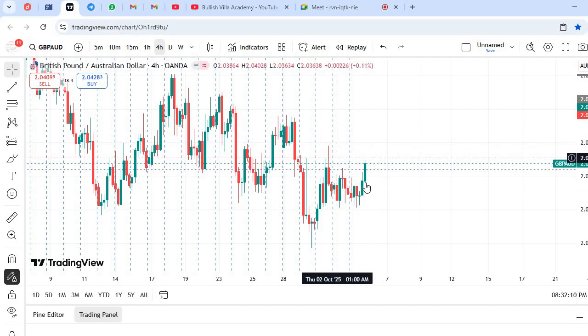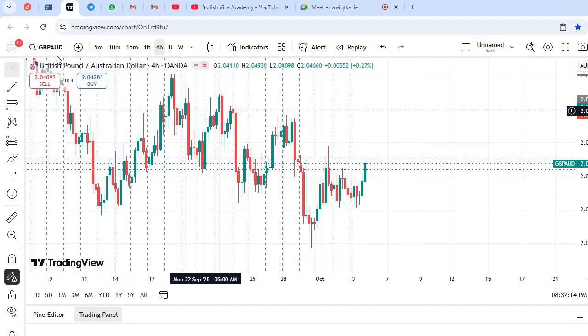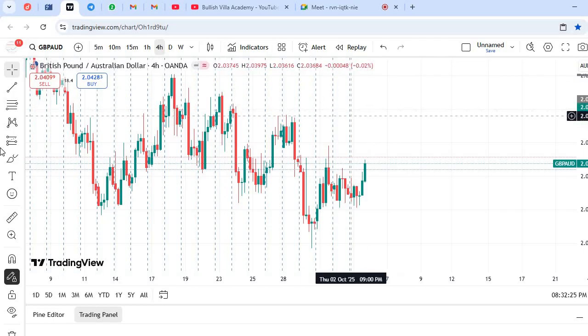But if you want to sell GBP AUD, the reverse will be the case. That means you're saying that GBP will get weaker in strength, while AUD will gain more strength. Do you understand?